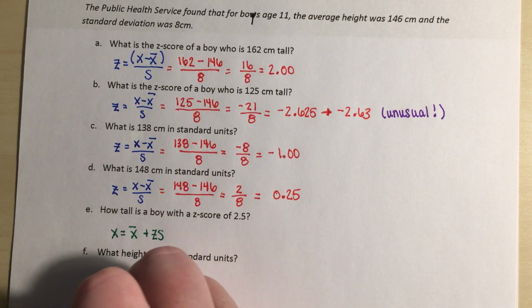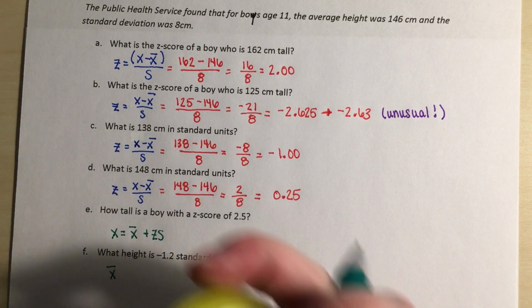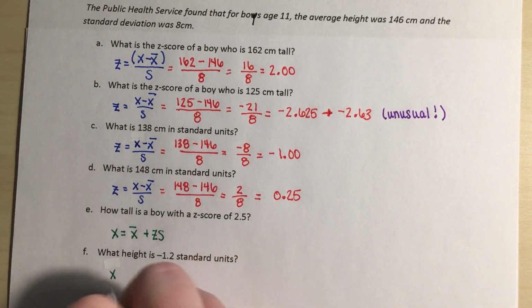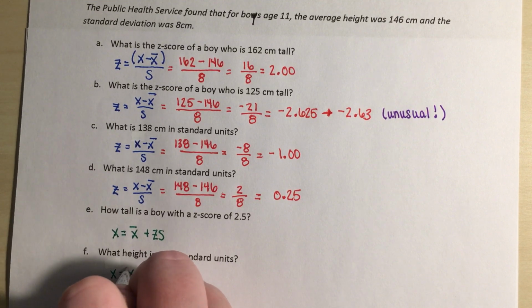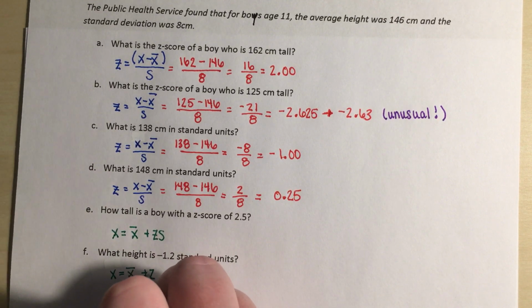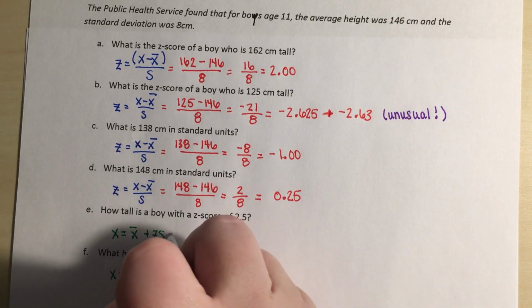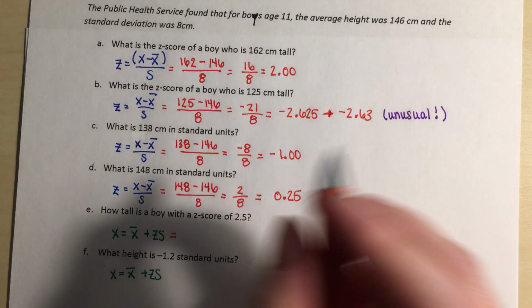For both of these, x equals x bar plus zs. When we're doing these problems, we do want to make sure that we label them correctly at the end, since we are being asked for an observed value. So how tall is a boy with a z-score of 2.5?